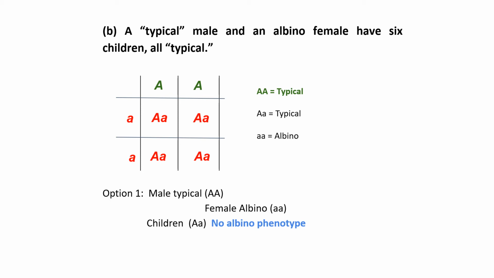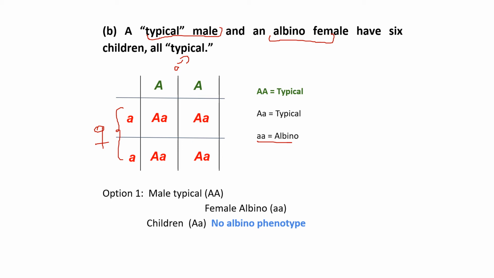Now let's answer this one. A typical male and an albino female have six children, all typical. So we have a typical male here and an albino female, and remember, if they're albino, they have to be homozygous recessive. They have six children, all typical.